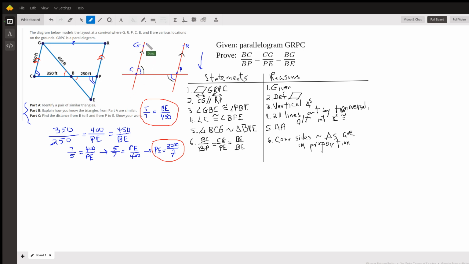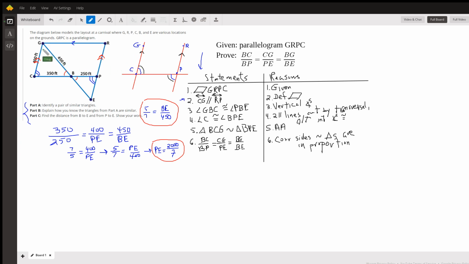Well, because see over here, these 2 sides of the parallelogram are parallel, which we've already established right here. And they're cut by this transversal CP, and when 2 parallel lines are cut by a transversal, alternate interior angles are congruent. So that's why we can say angle C is congruent to this angle.